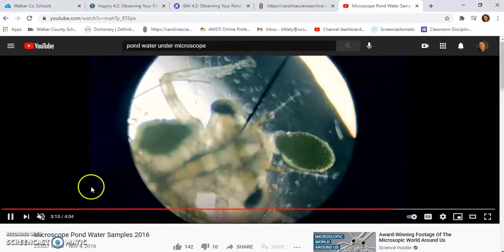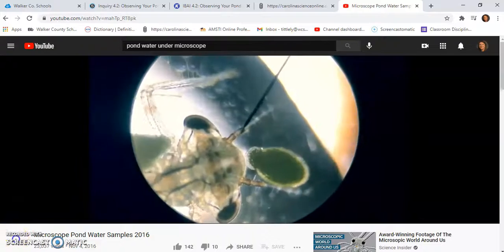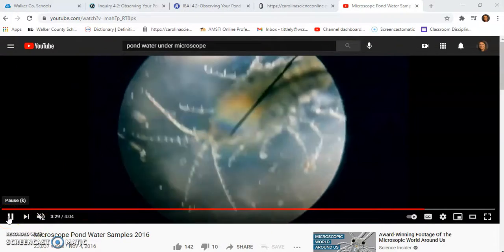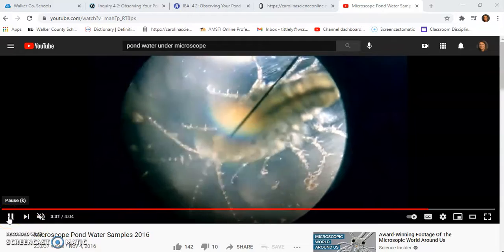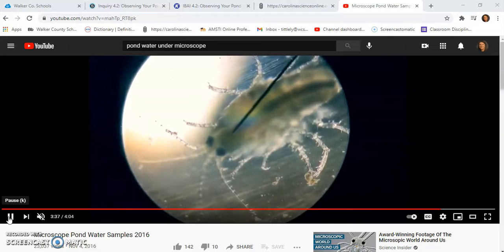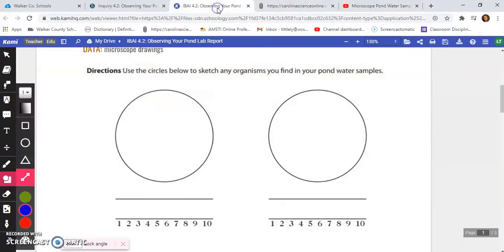So some of these things may be in your pond also. Some of them may not be in our pond, but this gives you an example of some microorganisms that might be found in a pond ecosystem. Okay, let's go back to our lab report.